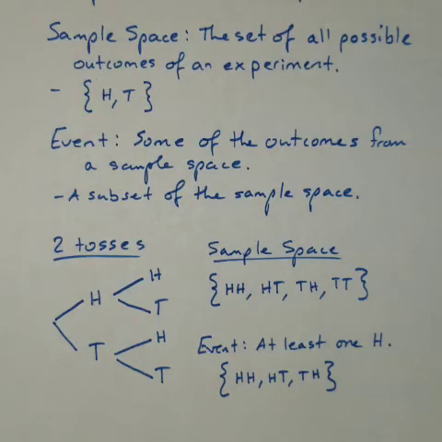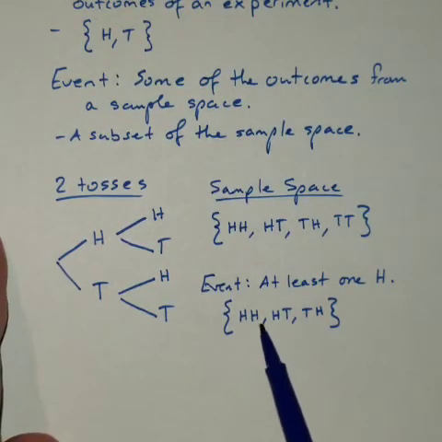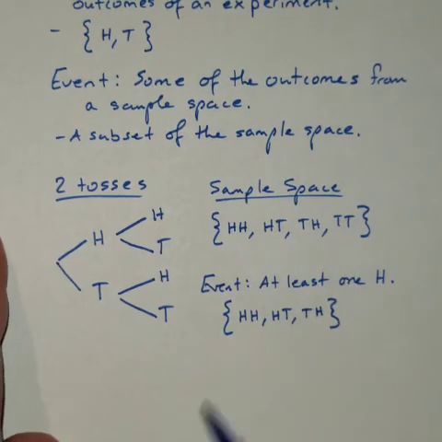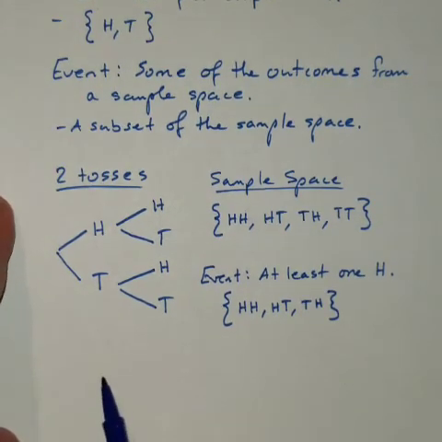Now, to give you an idea of how this is useful with probabilities, the probability of any event is the number of outcomes in the event divided by the number of outcomes in the sample space. Okay, so let's look at that definition.